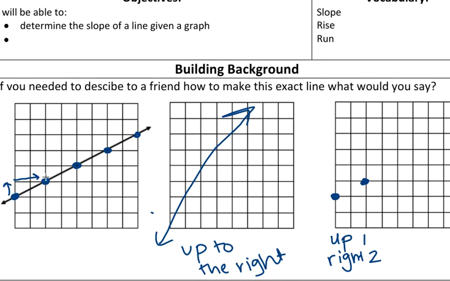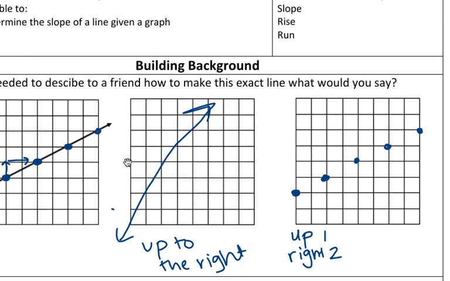And then how about the next one? Again, it goes up 1, right 2. Up 1, right 2. Then that person would hopefully be able to draw their nice line through those points.